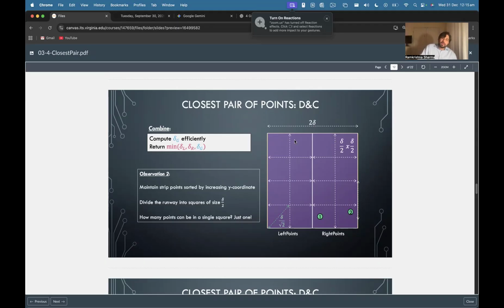Essentially what we end up observing is that if we create these boxes to chalk out and map this entire runway strip, each delta divided by 2 times delta divided by 2, then you can only really ever have one point in each box.